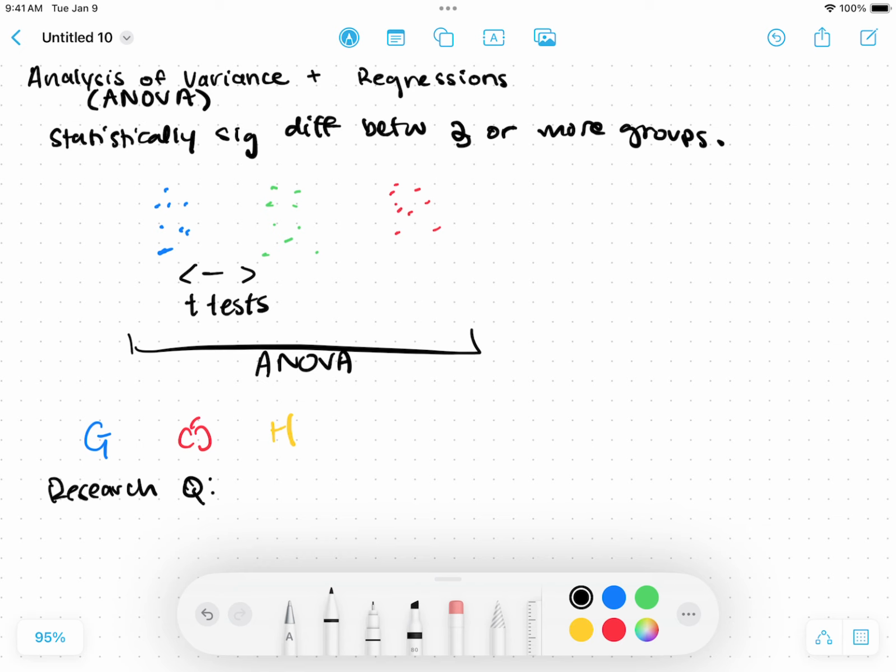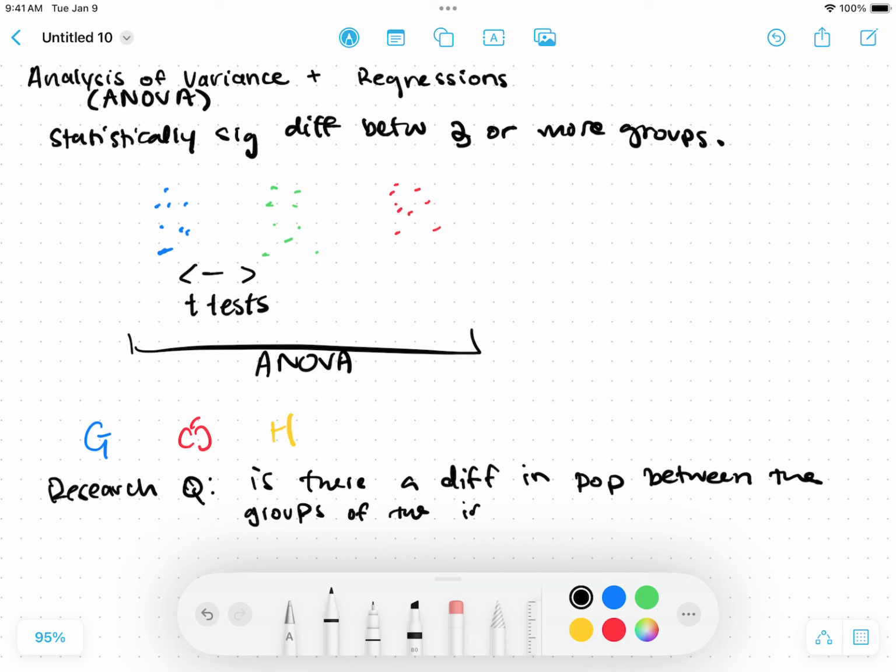So my research question is going to be: is there a difference in population between the groups of the independent variable with respect to the dependent variable?